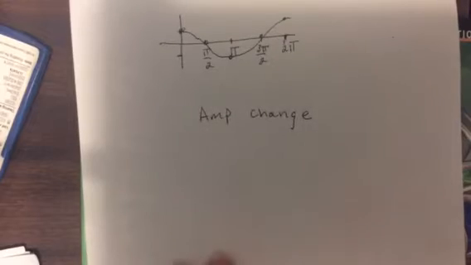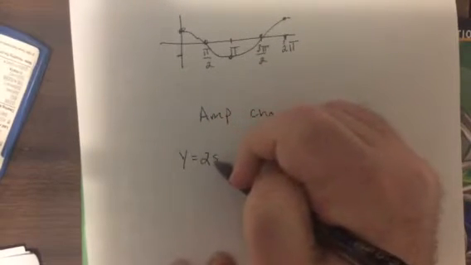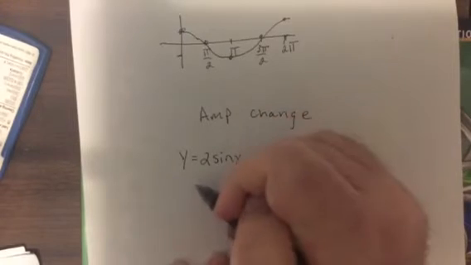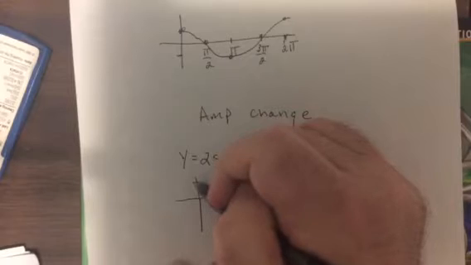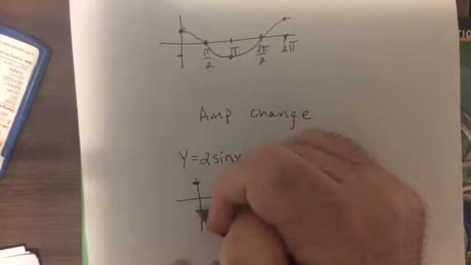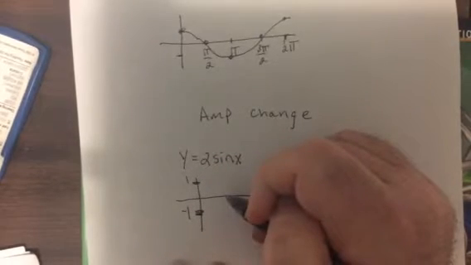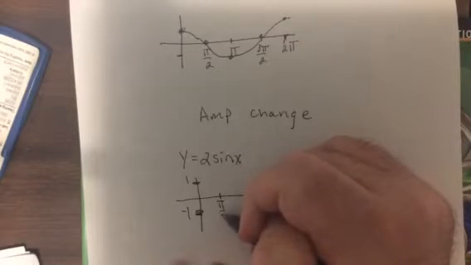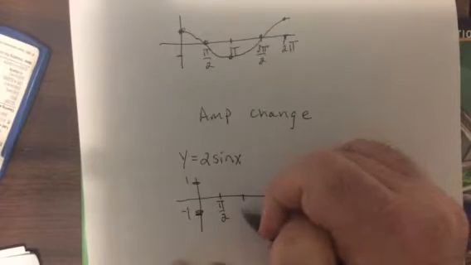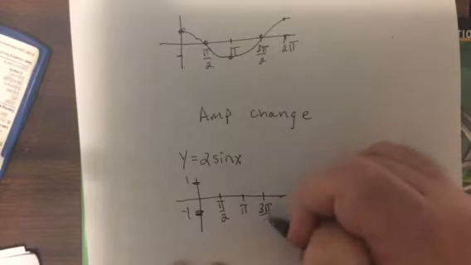So if we want to do an amplitude change, if I say, hey, what's y equals 2 sine x? The only thing that changes is what's on my x-axis. So pi over 2, pi, that's 180. 3 pi over 2, that's 270.